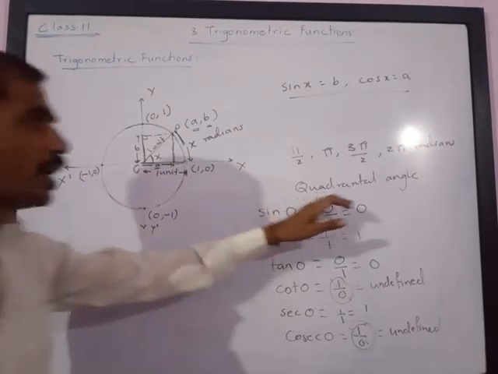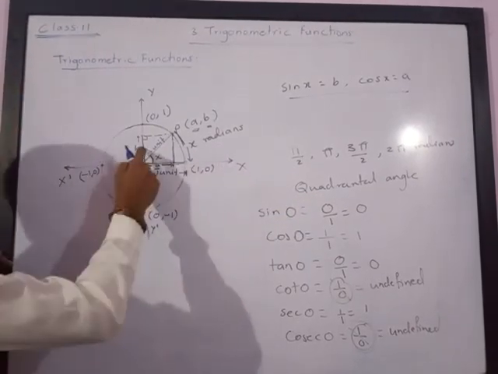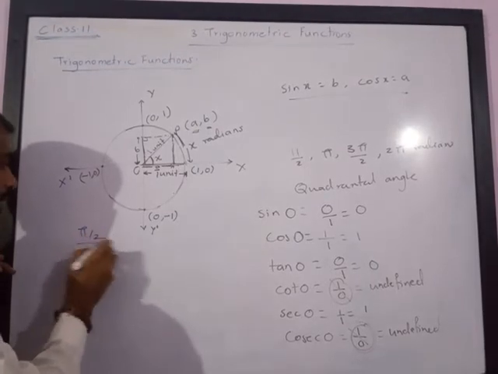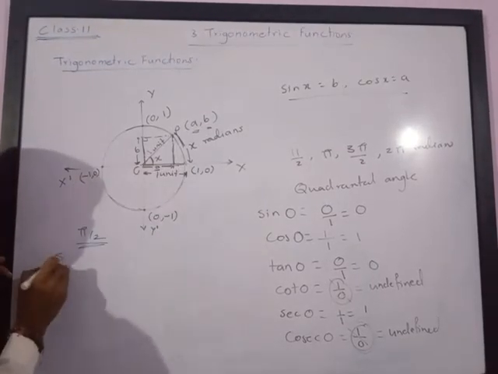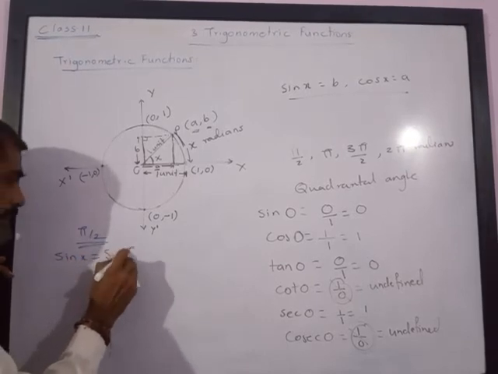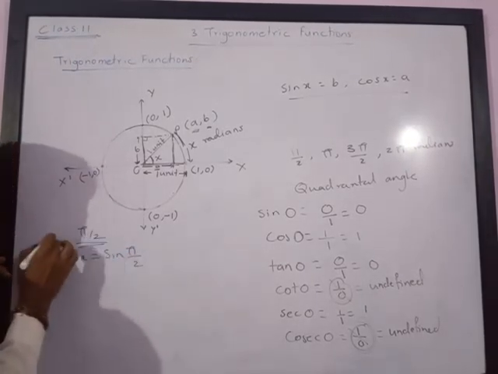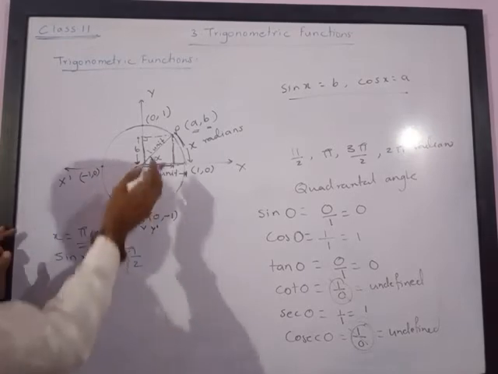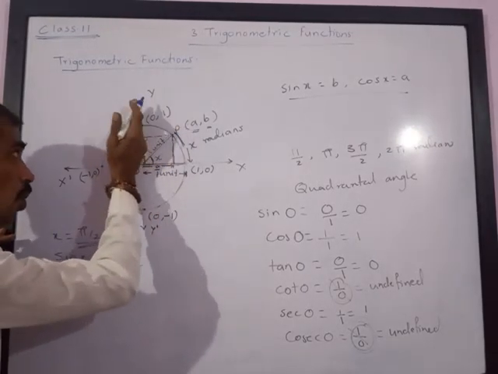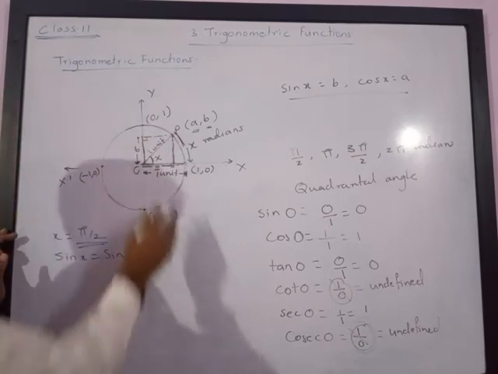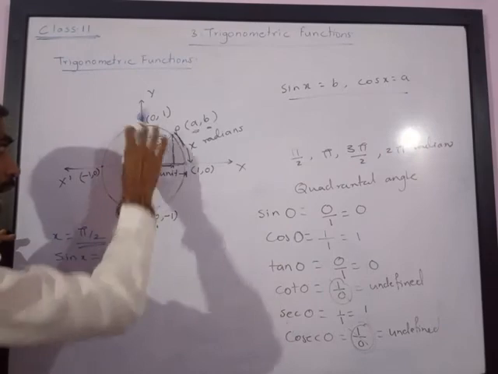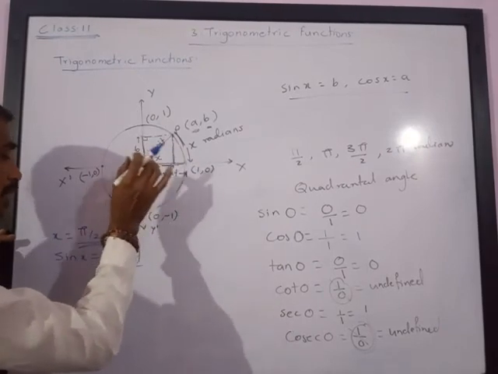Now, second quadrantal angle is pi by 2. If the angle is pi by 2, let us check what happens. For sin x or sin pi by 2, this x is equal to pi by 2. We will get this terminal arm on y-axis. So, we will get the distance B, please note, and A distance will be 0.